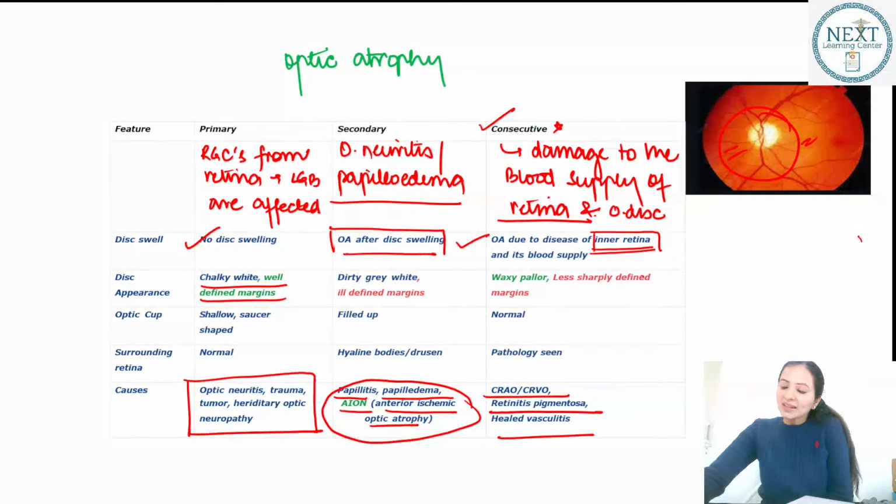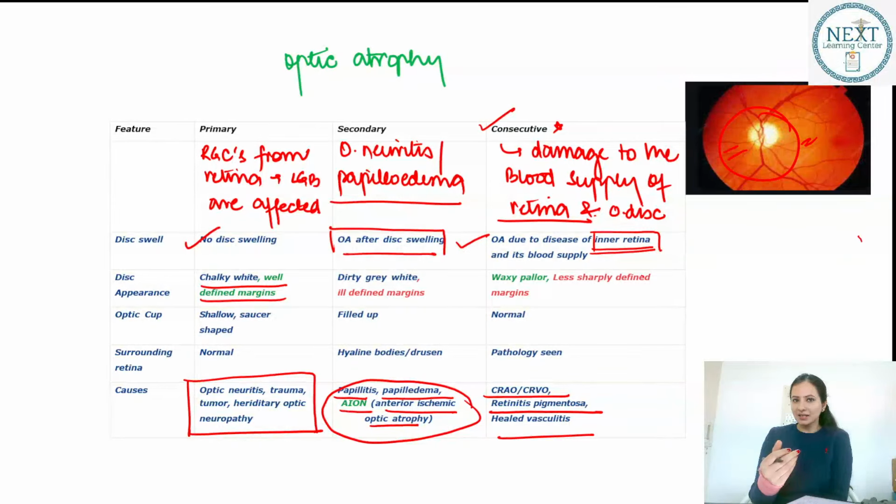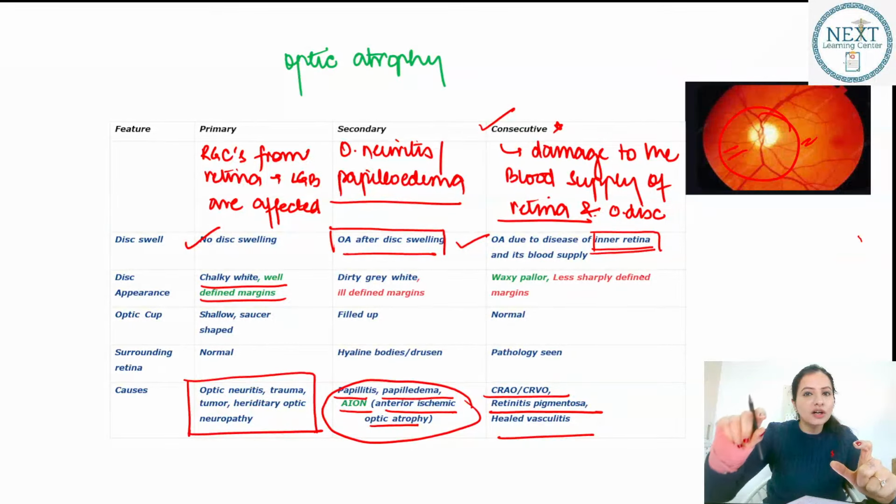See, Surbhi, sixth nerve palsy is not seen in papilledema per se, but it is a coincidental finding. Why? See, why is papilledema occurring? It is occurring because of increased intracranial pressure, right? And we know that sixth nerve has got the longest course.